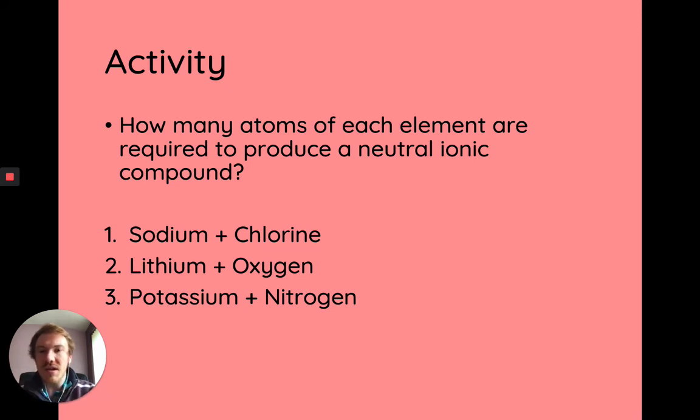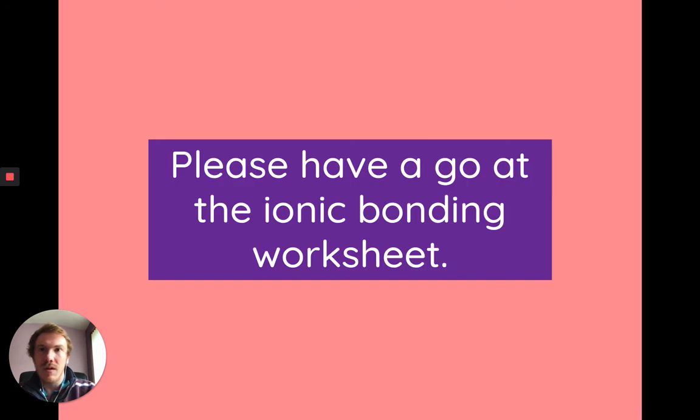But what happens if you have magnesium and chlorine, for example, where magnesium will lose 2 electrons, but every chlorine will only be able to accept 1? So have a wee think about that as you go through this activity. And there's an ionic bonding worksheet for you to complete that is just like the ion formation worksheet at the beginning of the lesson.